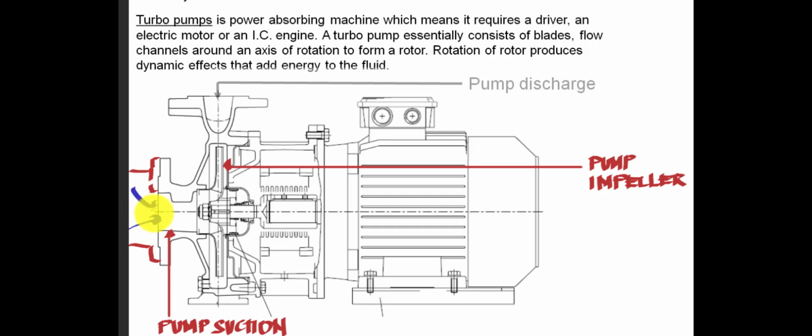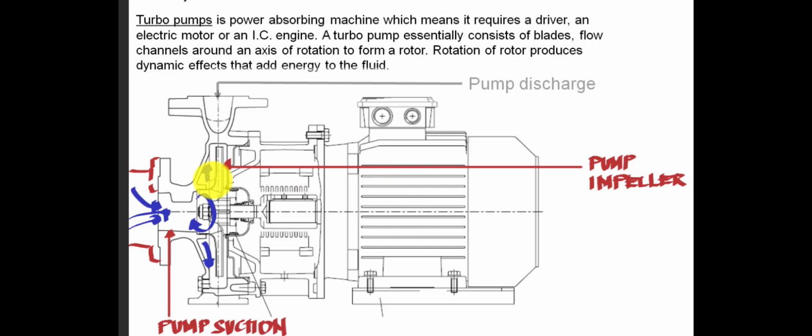This is where the water or fluid enters. Then it is rotated by means of centrifugal force by the impeller. By means of the centrifugal force, the fluid is pushed onto the wall of the pump, and we have the discharge side here. The pressure is increased by providing centrifugal force through the rotation of the electric motor.